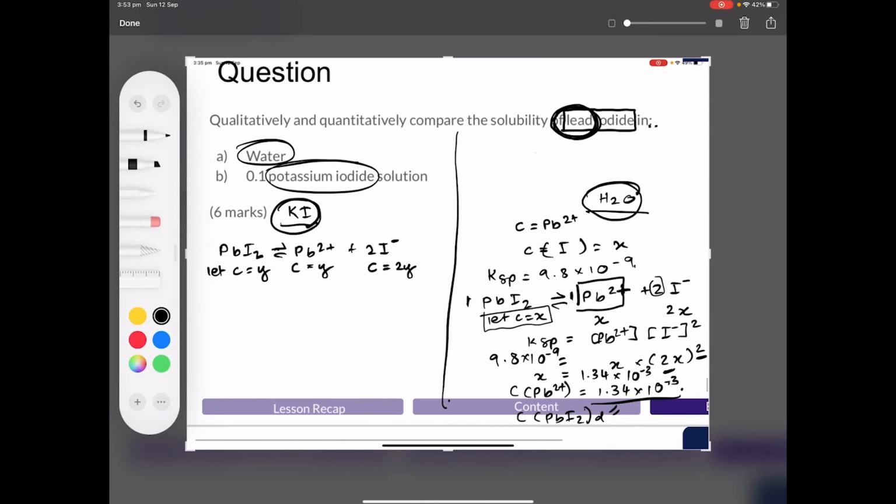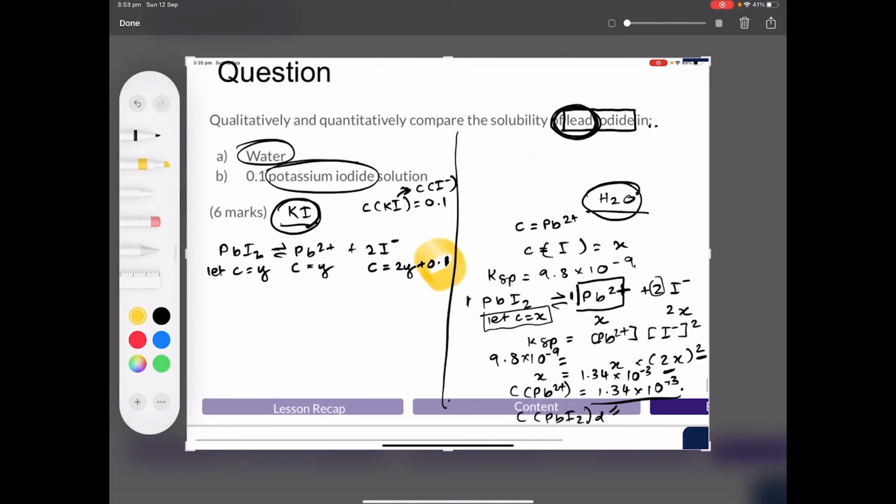But we also have a concentration of potassium iodide that is 0.1, and that's going to ionize and release an equal concentration of iodide ions. So we have to add 0.1 to the 2y. The only difference here is you have to add the concentration of that common ion in.